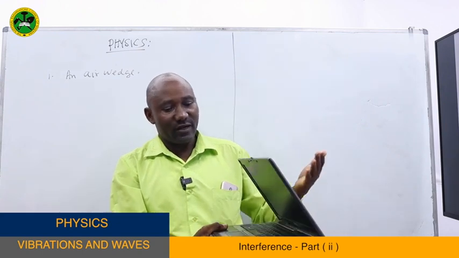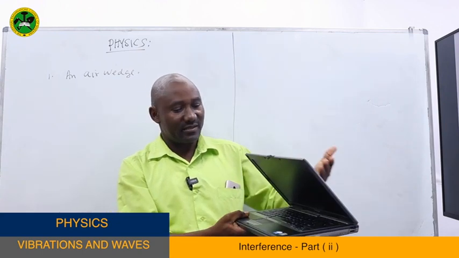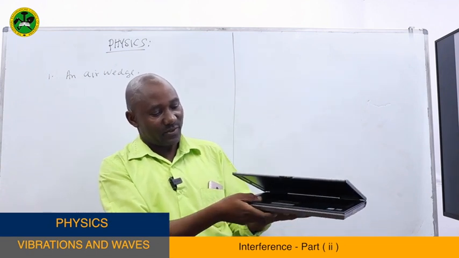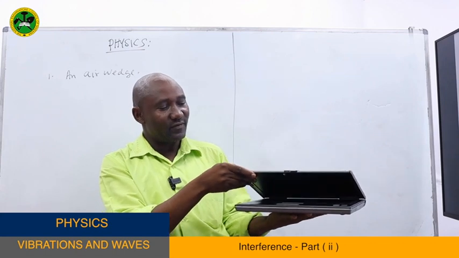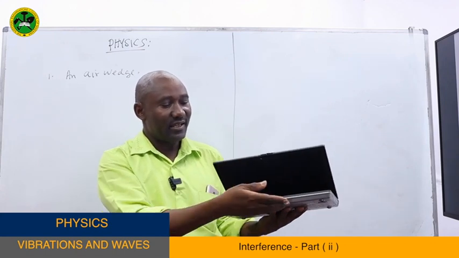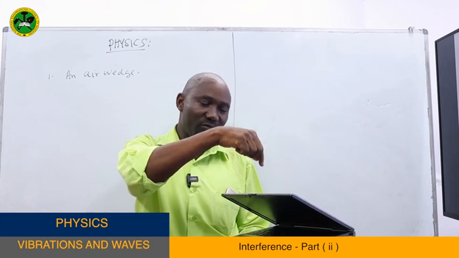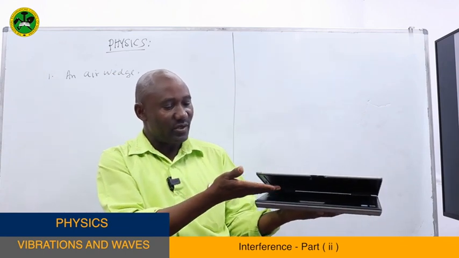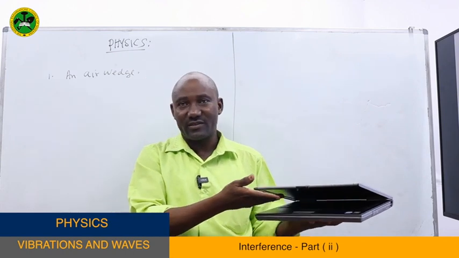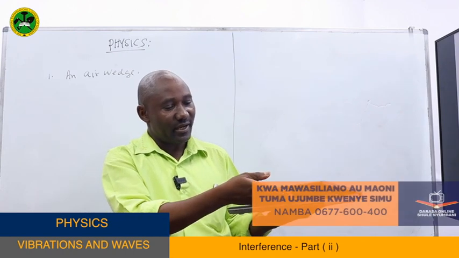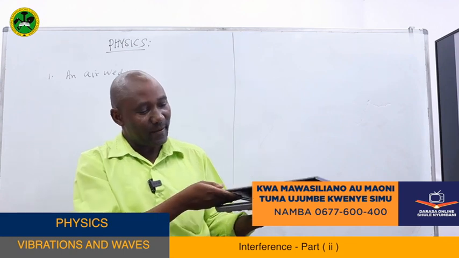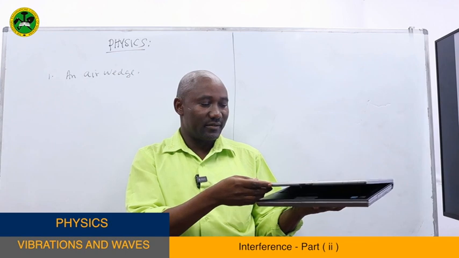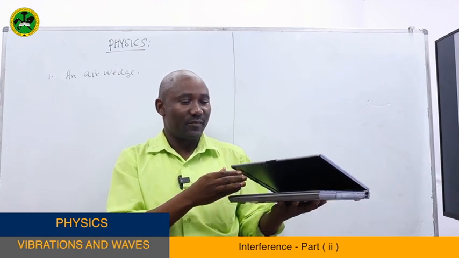When you have two plates pressed like this, such that they make an angle theta here, depending on the size of the angle, these are glass plates which allow light to pass. In between you can put materials of any thickness, maybe a piece of paper or a coil of any thickness.